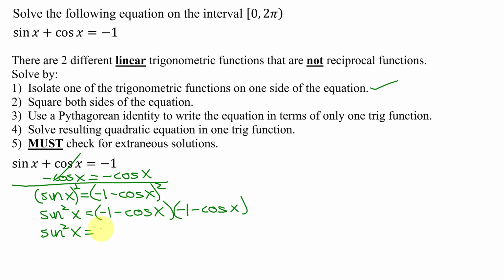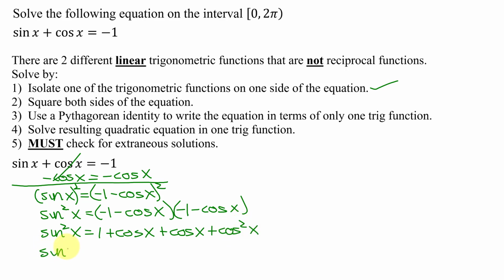-1 times -1 is 1. -1 times negative cosine x is positive cosine x. Inner, negative cosine x times -1 is positive cosine x. And last, negative cosine x times negative cosine x is positive cosine squared x.